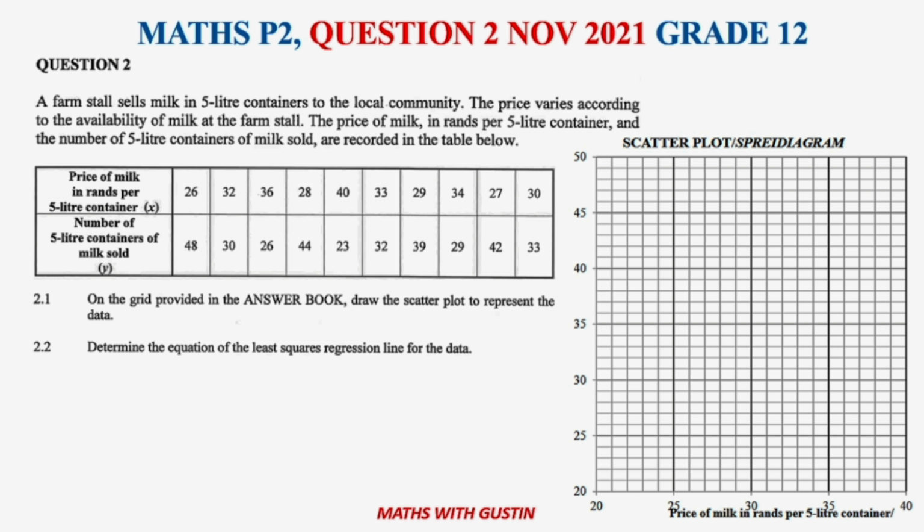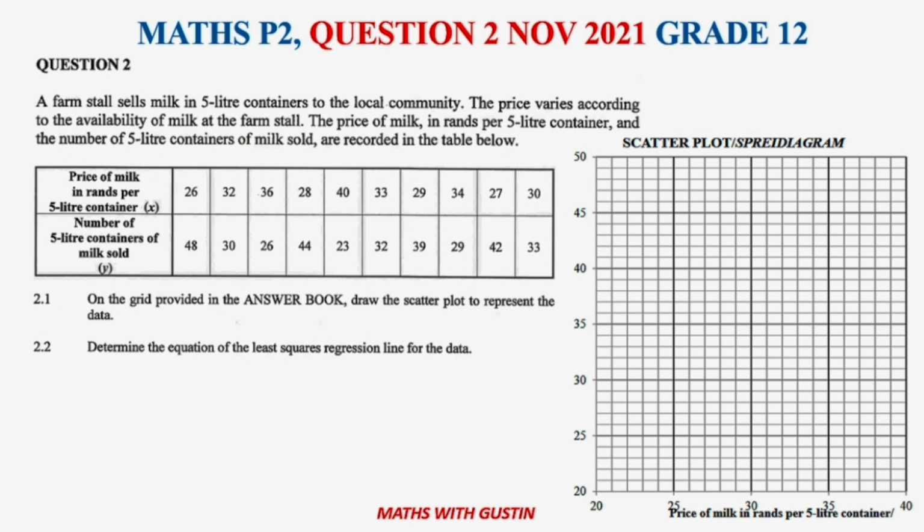The price of milk in rands per 5-liter container and the number of 5-liter containers of milk sold are recorded in the table below. We can see that the x-axis is the price, and the y-axis is the number of 5-liter containers of milk sold.